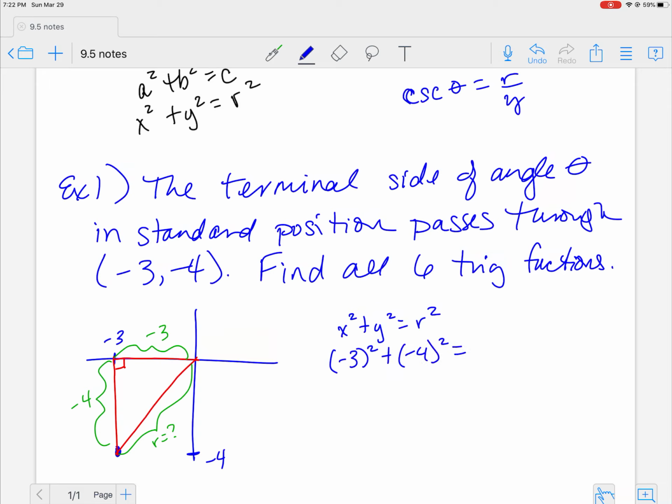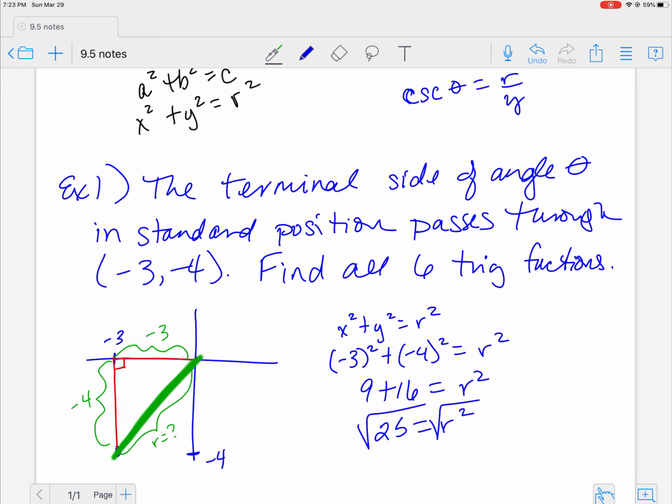So I know that x squared plus y squared is equal to r squared. So negative 3 squared plus negative 4 squared is equal to r squared. 9 plus 16, so I've got 25. Then I square root. Now here's the deal. Typically, anytime you make a square root symbol, you write plus or minus.